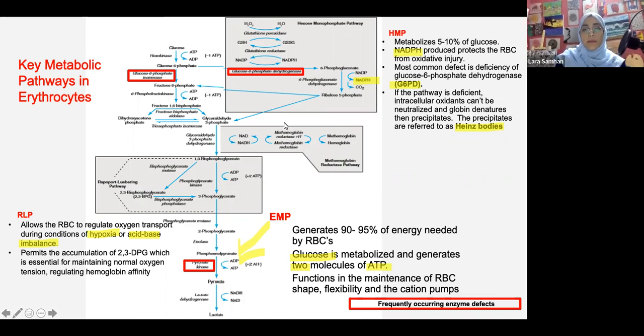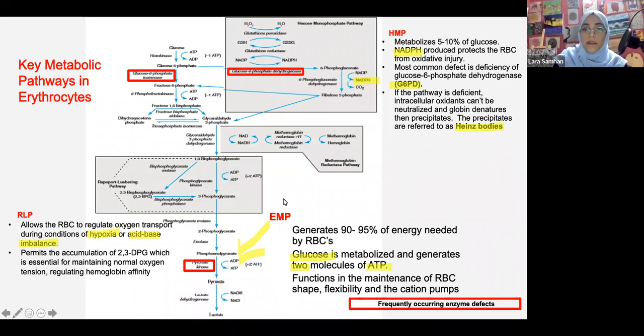To the metabolic pathways of the RBC, we basically have 3 main pathways: over here the EMP pathway, and the HMP pathway, which is the hexose monophosphate pathway. So those are the 3 main pathways that the RBC uses. So let's move one by one.